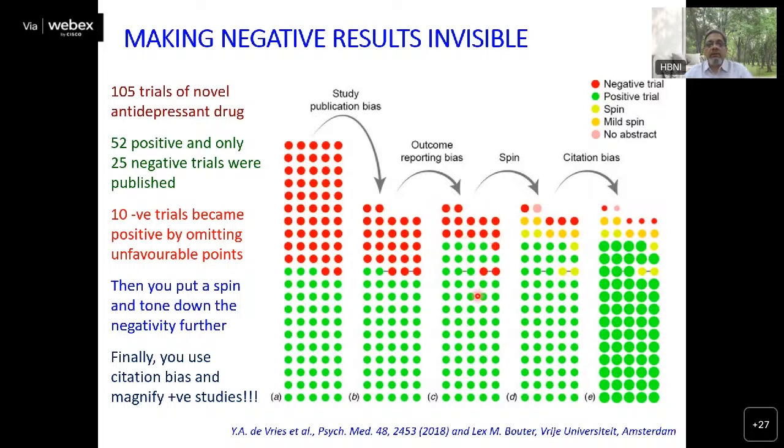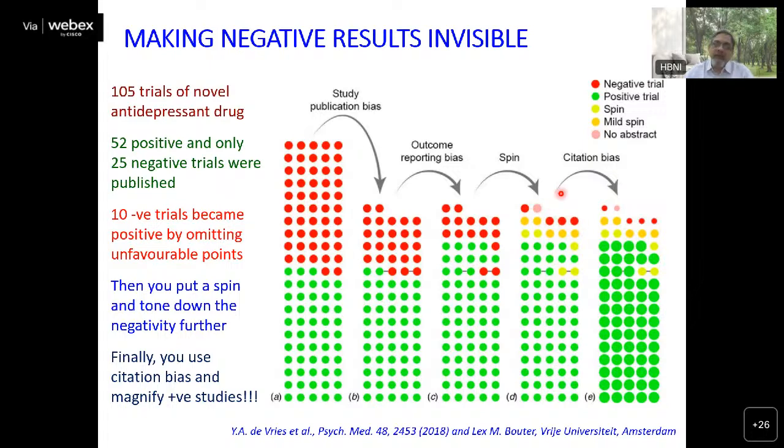Now again, if you put a spin on the remaining negative results, saying that this could have been this way, that could have been that way, and convert those into, say, neutral results, then you can see finally how few negative results are left.